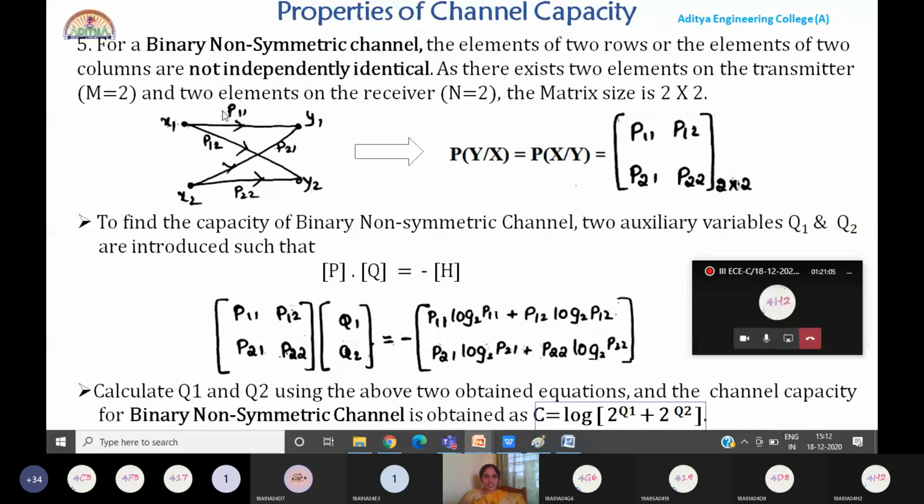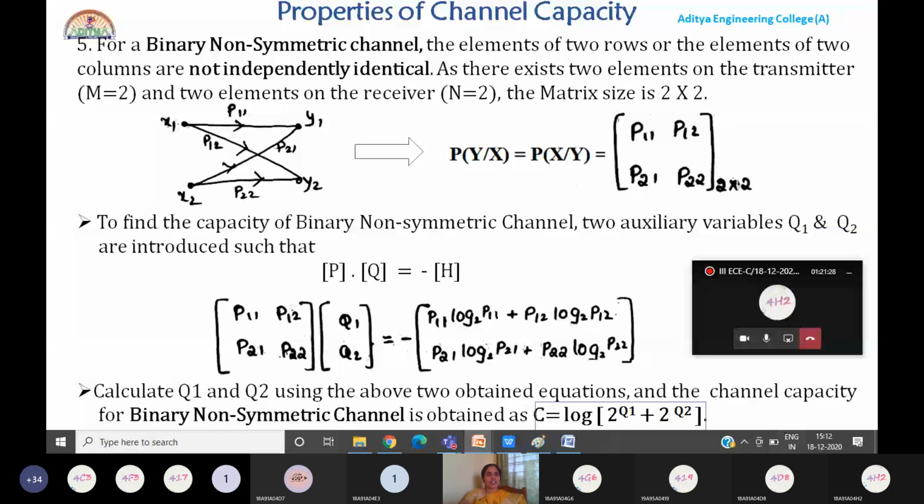So that's why we have considered different probabilities, not like in the case of binary symmetric channel where we have considered x1 y1 probability as P and x2 y2 probability also as P. So in the forward direction we considered the probability as P and in the opposite direction we considered the probability as 1 minus P.